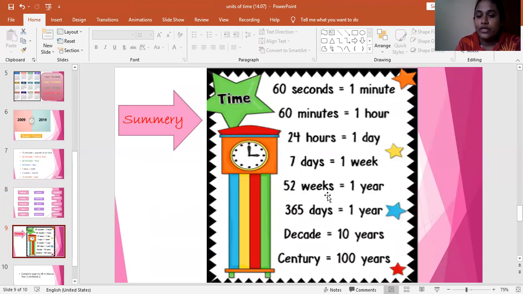And also 52 weeks are there in 1 year. 365 days are there in 1 year. And we learned this also: a decade has 10 years. Once 10 years are completed, it becomes a decade. And century means 100 years. 100 years equals a century.